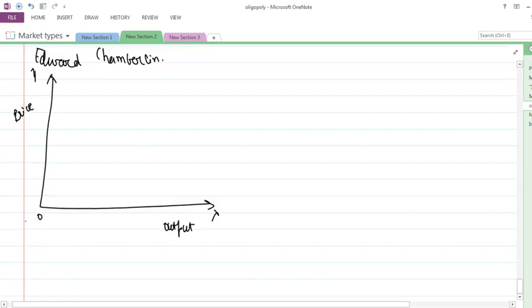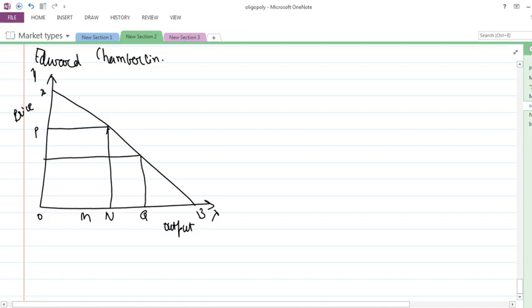We have three different levels of output, M, N and Q. Then we have the demand curve B and A. We have the N output and P price, and we have the Q output and the P1 price, and we have N.